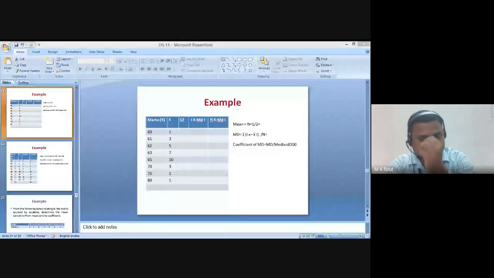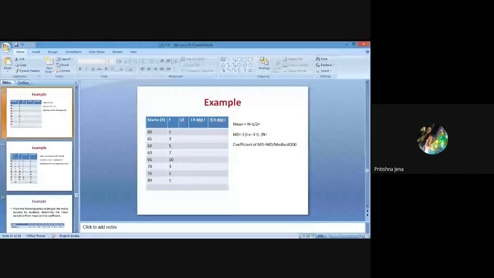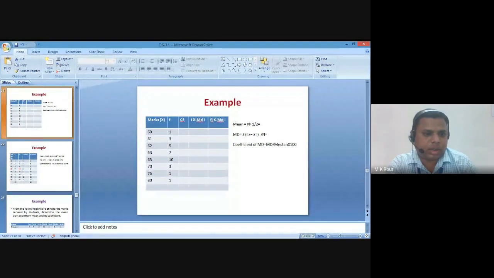Ravin Kumar, what is the value of the last row in the cumulative frequencies? Sir, 31. 31 or 21? 31. Okay, that is 31. Then we proceed to calculate the x minus median.